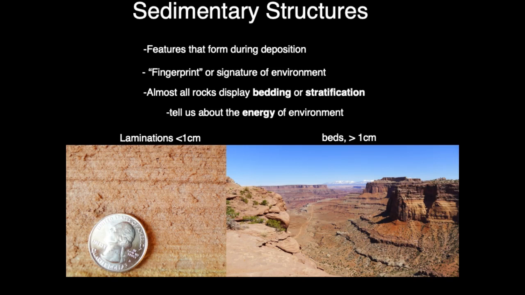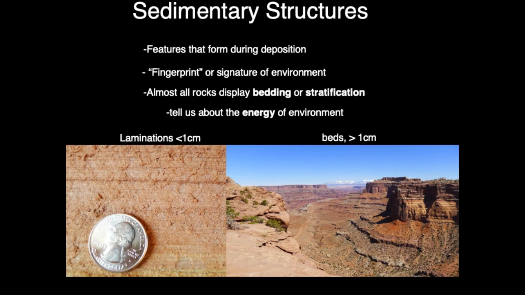These strata range from microscopically thin to tens of meters thick, usually, and are separated by what are called bedding planes, which are relatively flat surfaces which split two of the stratum apart. When those layers that make up the stratum are thinner than 1 centimeter in thickness, they are referred to as laminations.